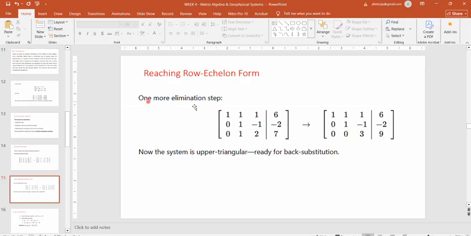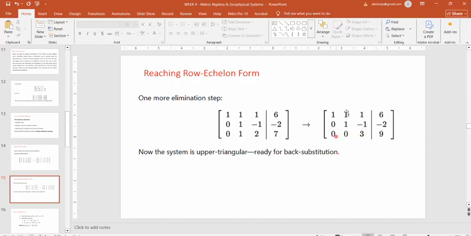So one more elimination step. This zero now becomes, I can have this triangular form of zeros. So now the system is upper triangular, ready for back substitution. You can see the triangle. Okay, this is the upper triangle. We're now ready for back substitution.